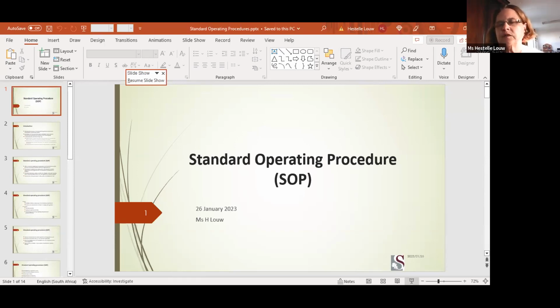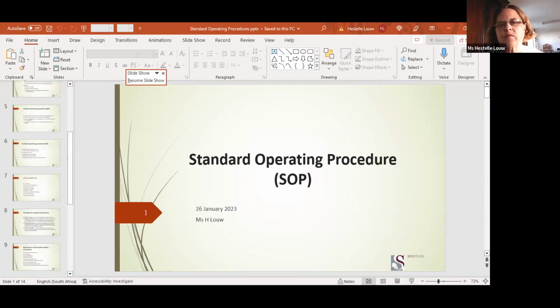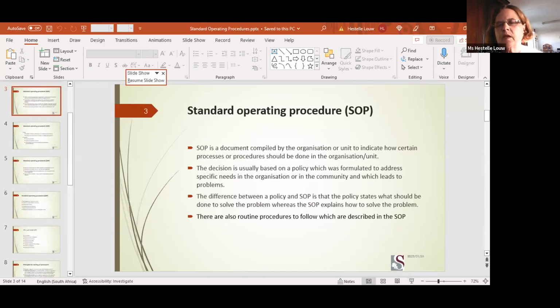Now I can't get it full screen. Okay, not to waste any time, I'm just going to scroll down to the conclusion page that I've got.